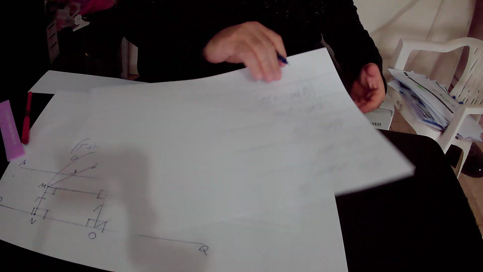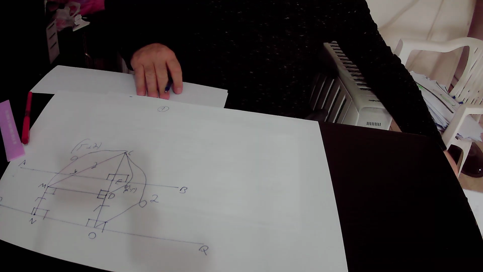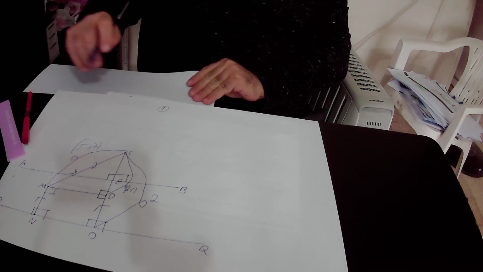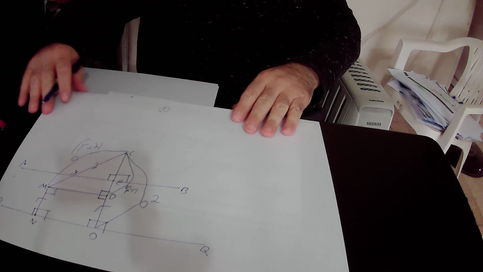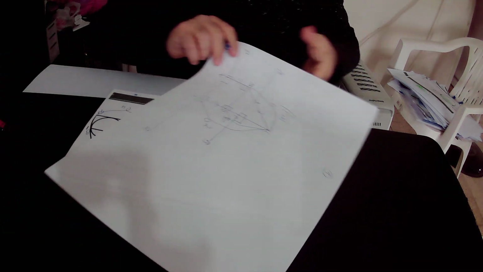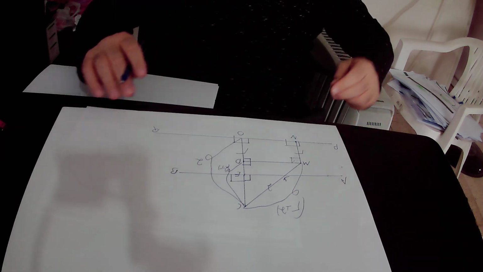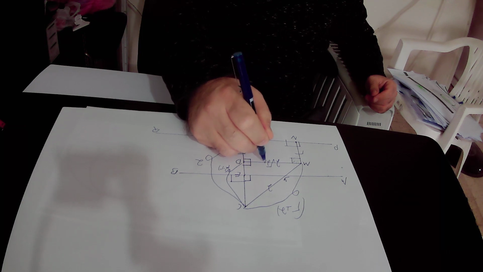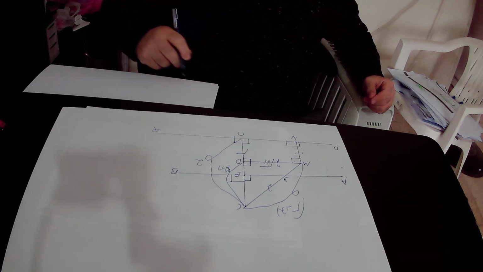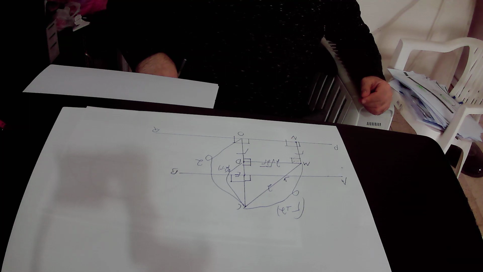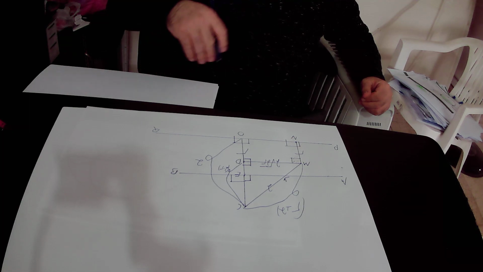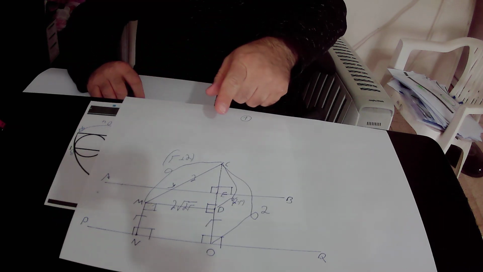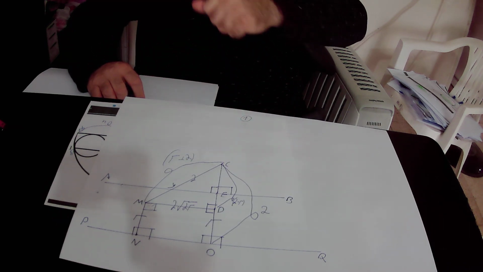So we can write here that MD equals 2 times the square root of 2R.